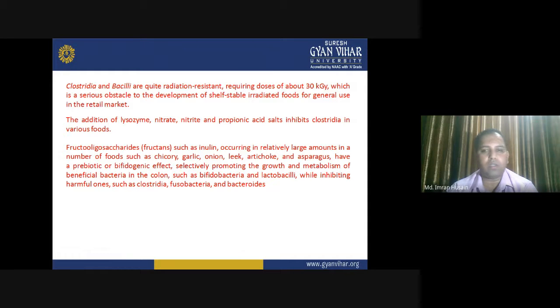They have a prebiotic effect, selectively promoting the growth and metabolism of beneficial bacteria in the colon, such as bifidobacteria and lactobacilli, while inhibiting harmful ones such as Clostridia, Fusobacteria, and bacteroides.